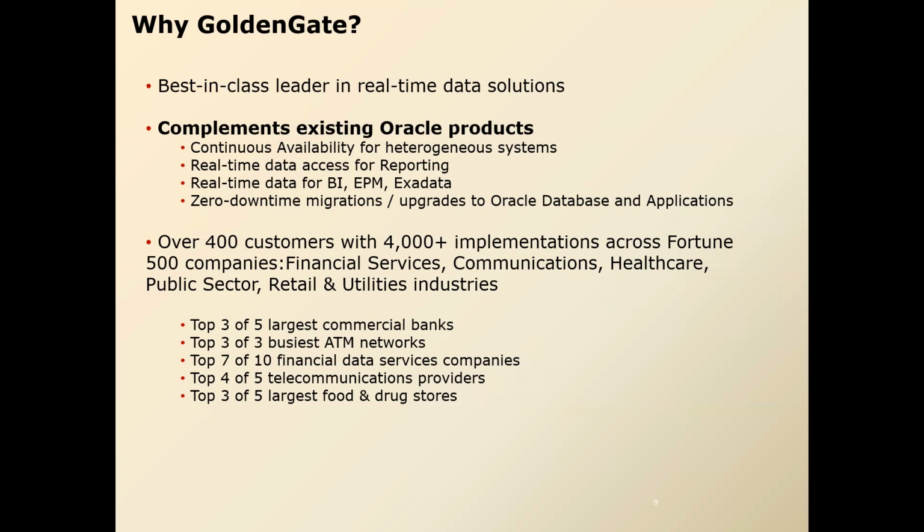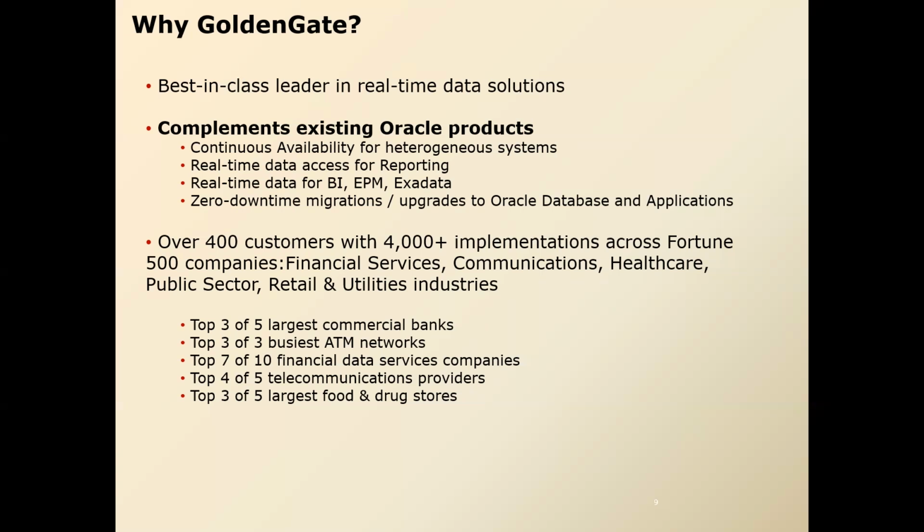Okay, so all top banks, all telecommunication providers. You name a big telecommunication provider, they are using Goldengate. All top commercial banks, in fact, in India or North America, you name a bank, they are using it. Like State Bank of India, HDFC, ICICI in India.